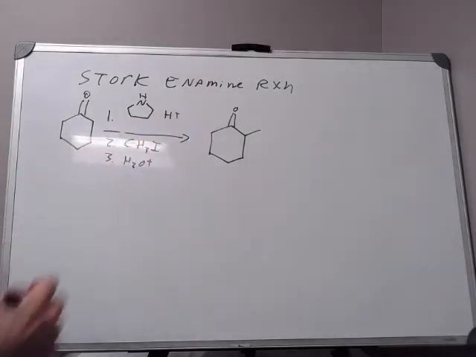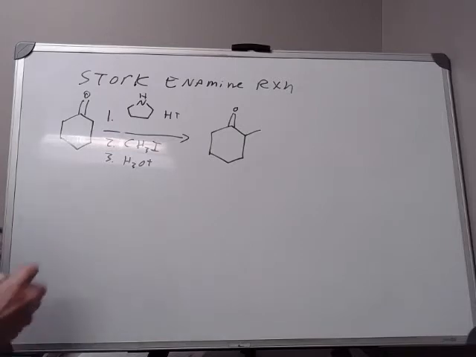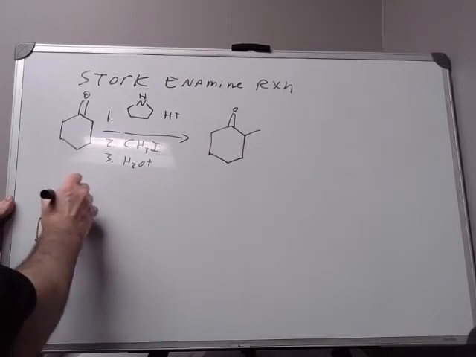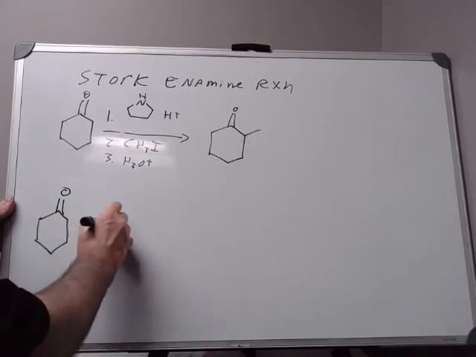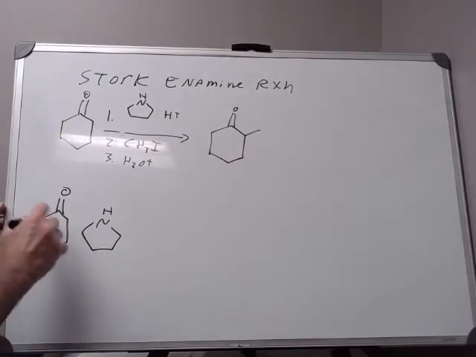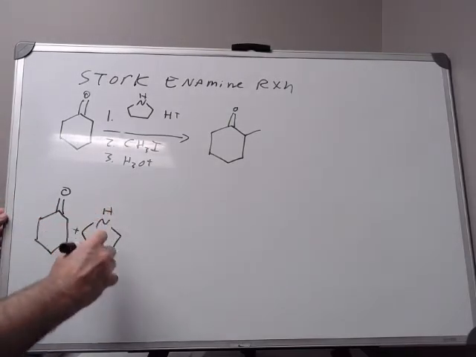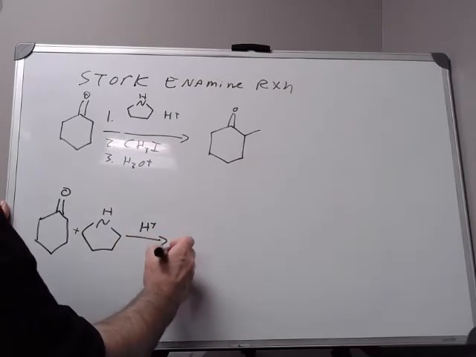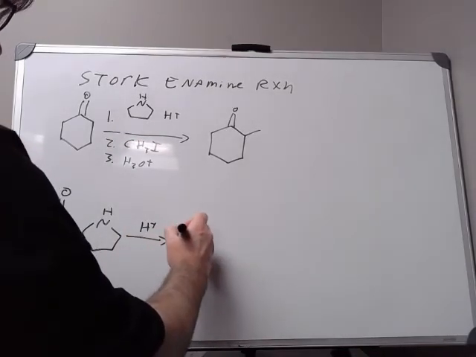What goes on during the Stork enamine reaction is that we begin by taking our ketone and our secondary amine, and under acidic conditions we form the enamine.